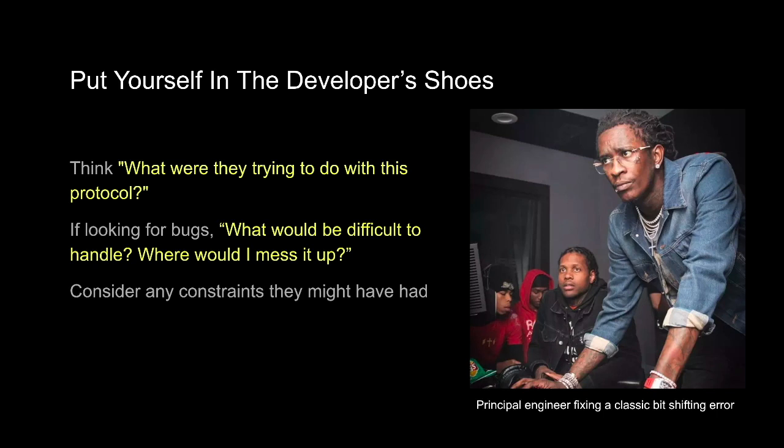And if you're looking for bugs too, think about what kind of aspects of a protocol would be difficult to handle, or things that you've seen about this protocol specifically that would be difficult. Where would you mess it up? Where would be the challenges? And then also think about any constraints they might have had, or any considerations they might have had to make that are extra beyond what a normal protocol would need to have.